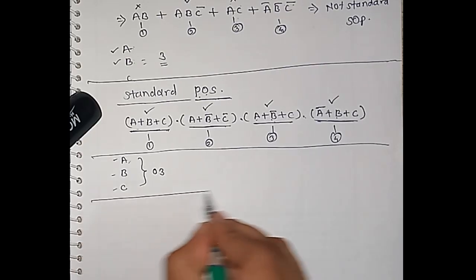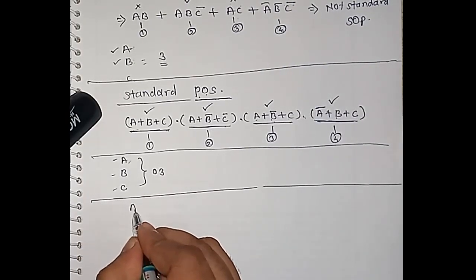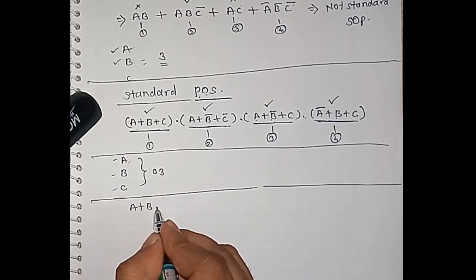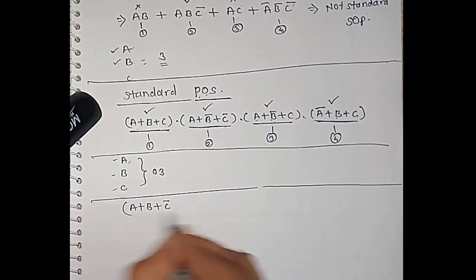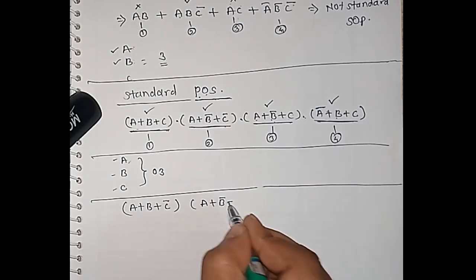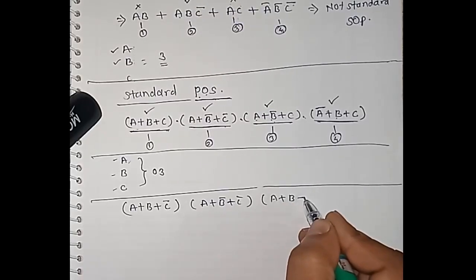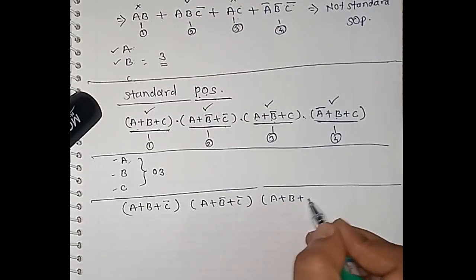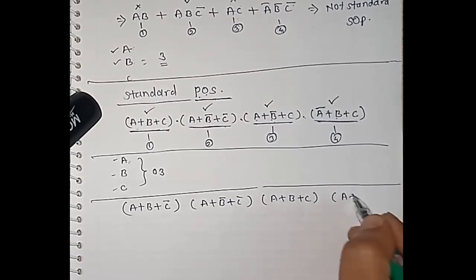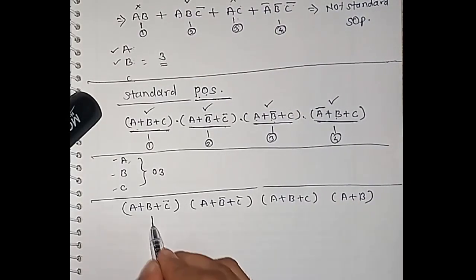Okay, now consider the second example. Suppose A plus B plus C bar into A plus B bar plus C bar into A plus B plus C, into A plus B. For the second example, how many sum terms are there?